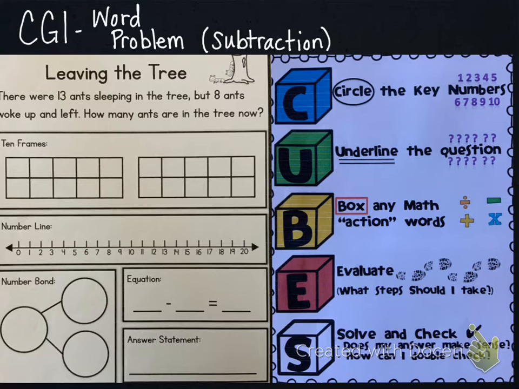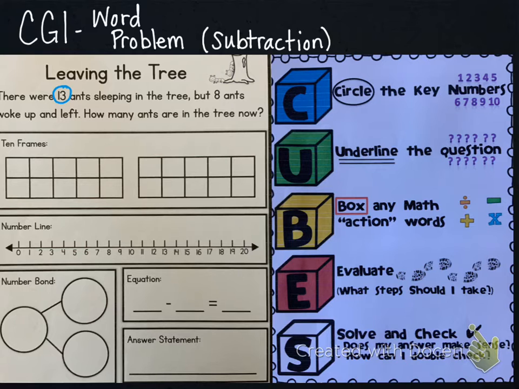All right, so let's look at the problem. We're going to go a little slower, and first we're going to circle our numbers. I'm going to get my blue out to help circle. So first it's, there were 13 ants sleeping in the tree. I'm going to stop right there because 13 is our important number.